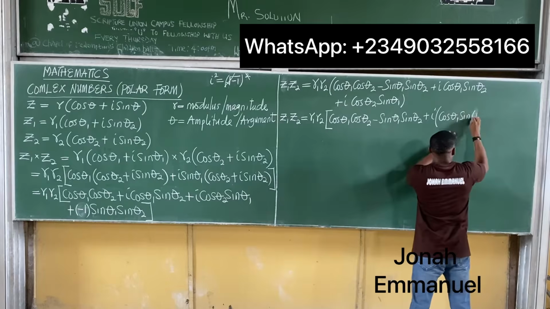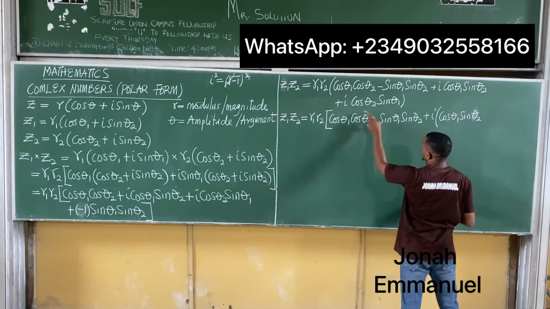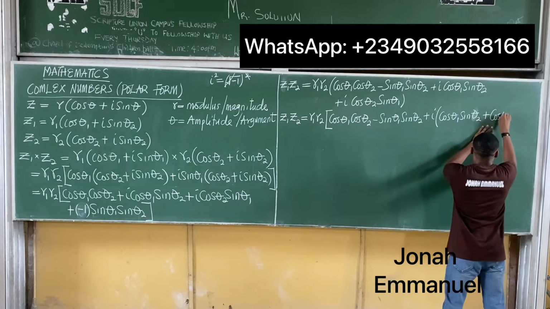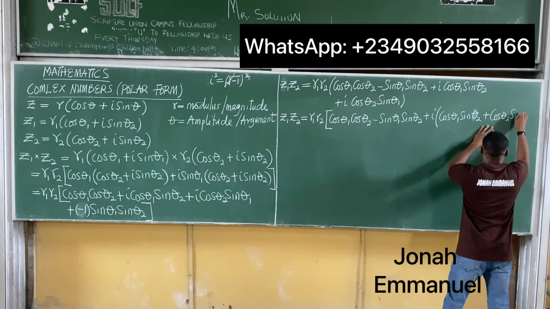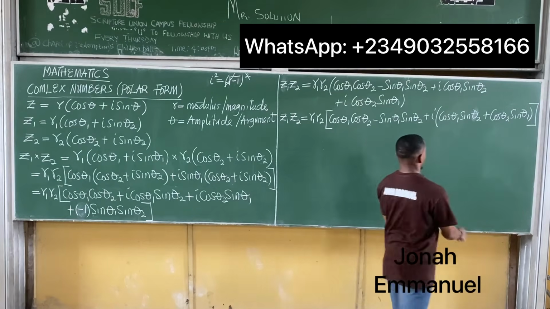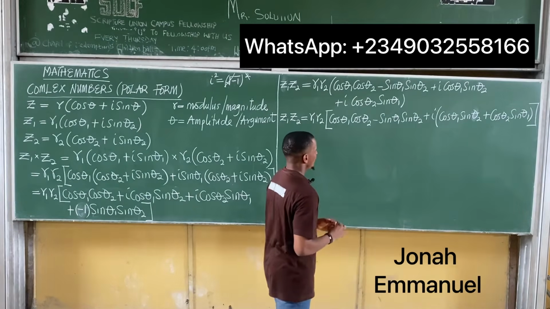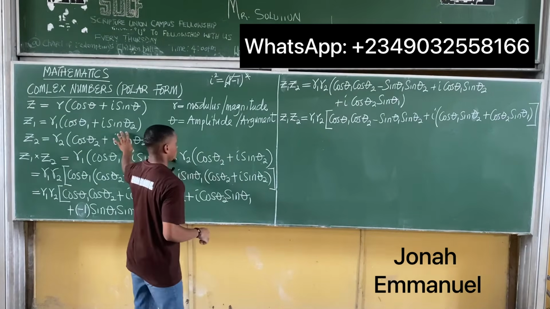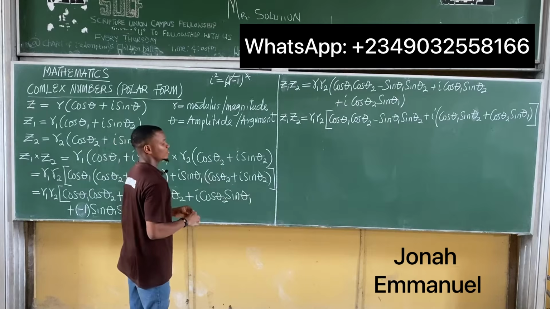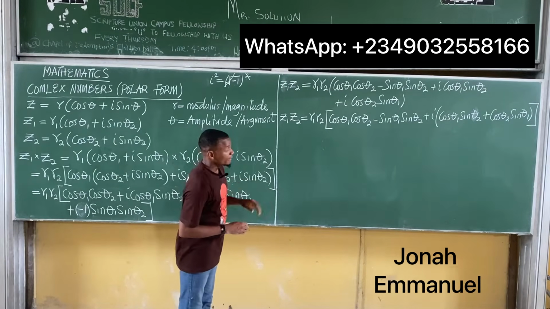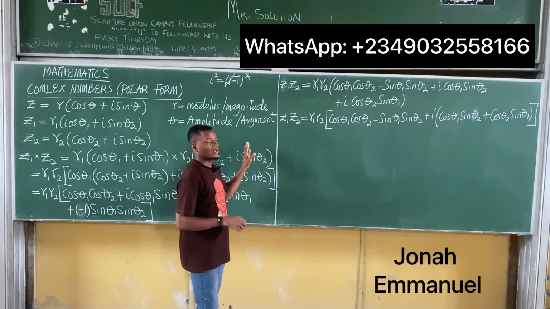I'm going to write this properly. And then this one here plus cos theta 2 sine theta 1. So I have this when I simplify. So we are now at this point after expanding this one here. That's multiplying two complex numbers in polar form.